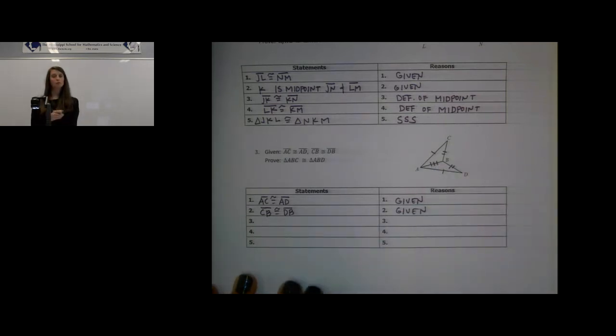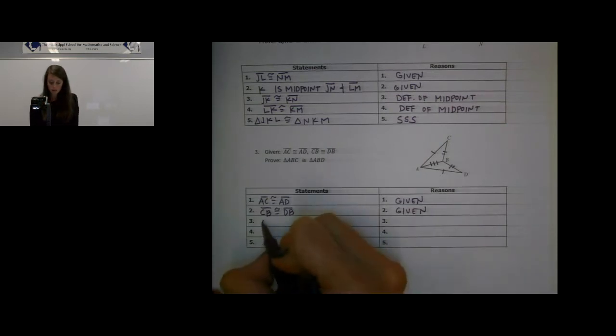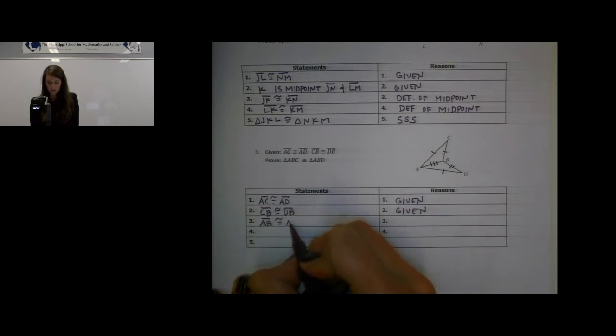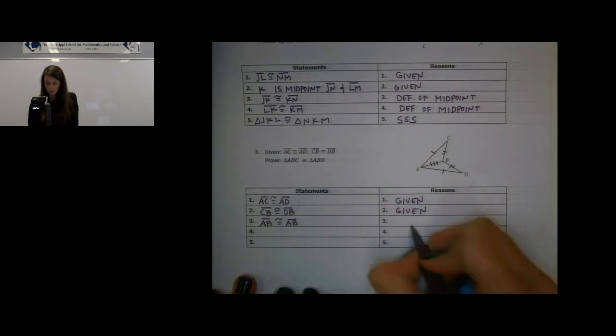So remember what that's called when it's the same. AB is congruent to AB here, but I'm using it in two different spots. So remember, that is the reflexive property.